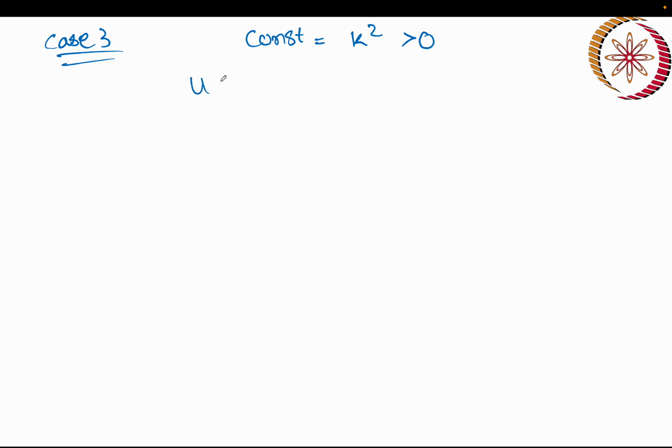Okay, we have already simplified it, which is x double prime by 16x is equal to y prime divided by y is equal to k square.